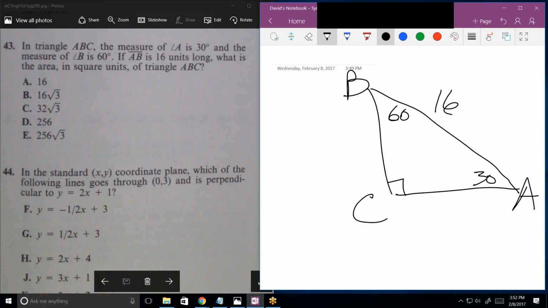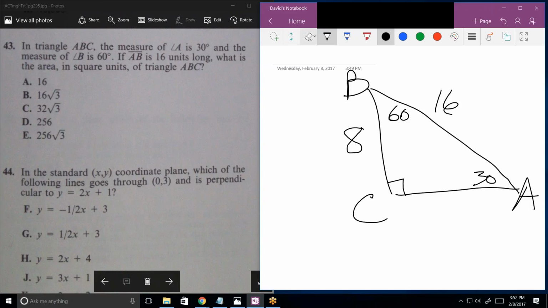Well, in order to get the area of the triangle, you got to come up with AC and BC. AC equals 32? Hypotenuse is always the longest side of a triangle. So AC equals 8. Actually, BC equals 8.